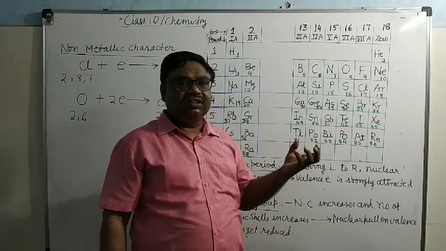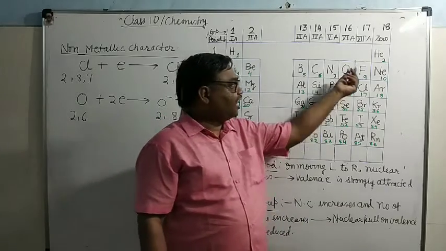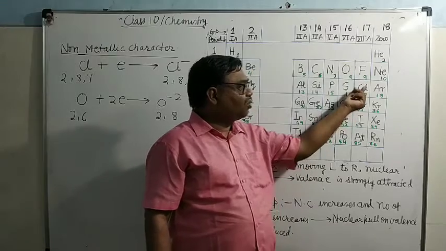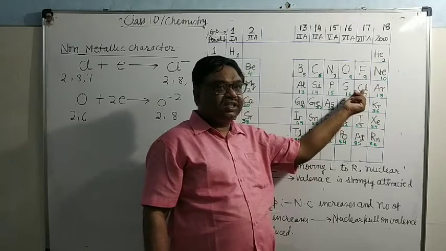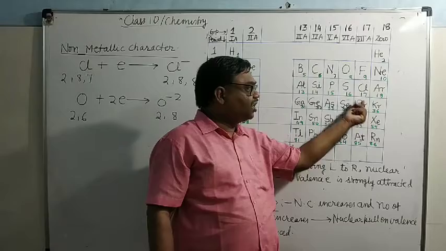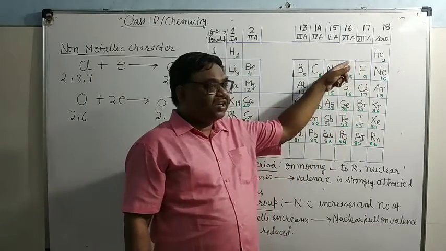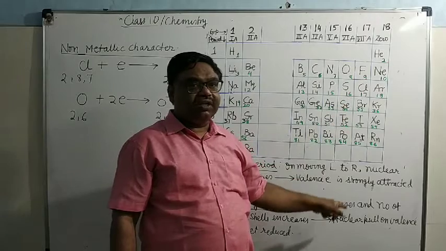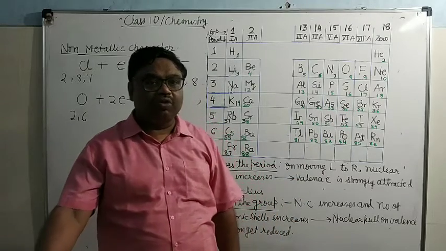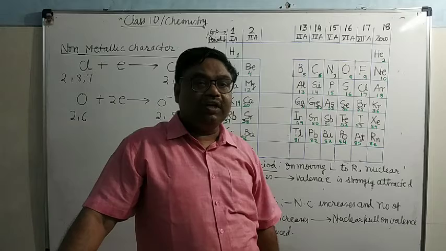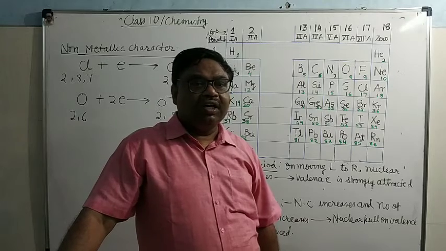Means on moving down the group, fluorine will accept the electron with more ease, while chlorine will accept the electron with less ease. फ्लोरीन आसानी से इलेक्ट्रॉन को गेन कर लेगा, क्लोरीन उससे कम आसानी से गेन करेगा, ब्रोमीन उससे कम आसानी से गेन करेगा. Means here what will happen? Difficulty level of accepting the electrons on moving down the group, what will happen? It will increase. It's clear?